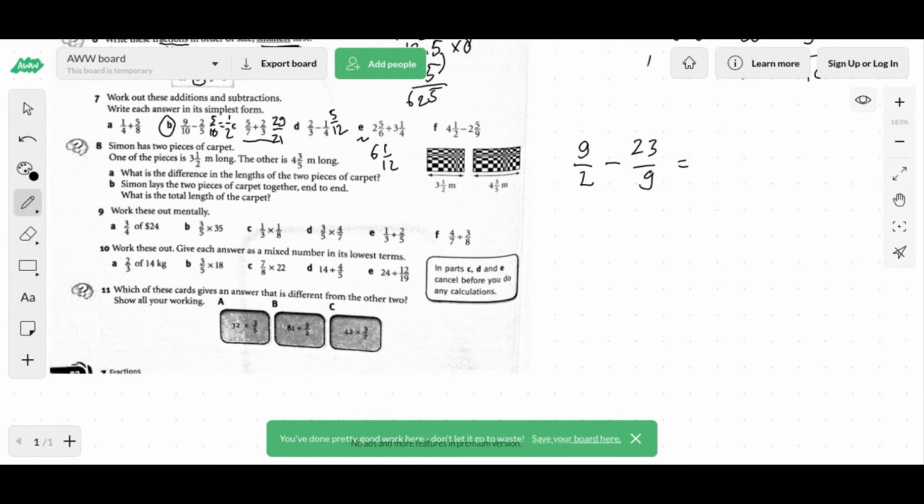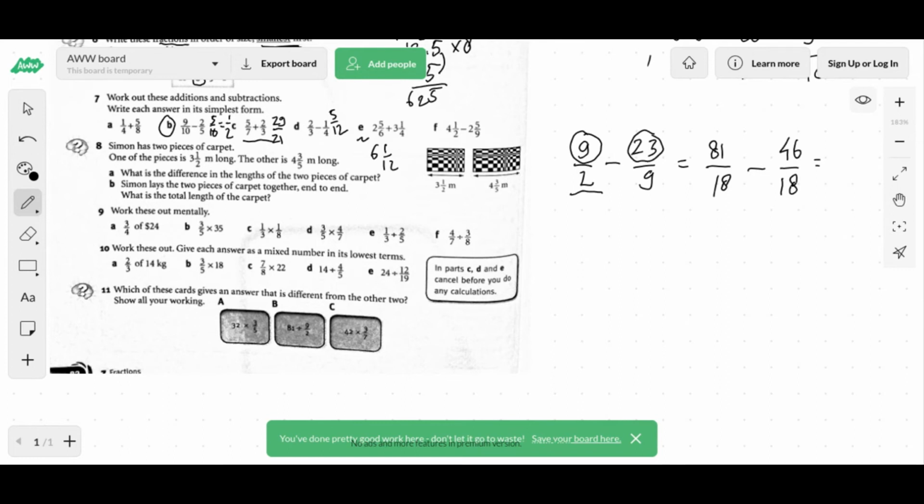So what is their denominator? 18, right? So this one becoming what? When you change the denominator? 18 as well. You multiply by 9, right? 9 times 9, 81. How about this one? 46.